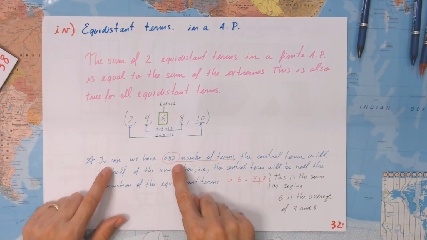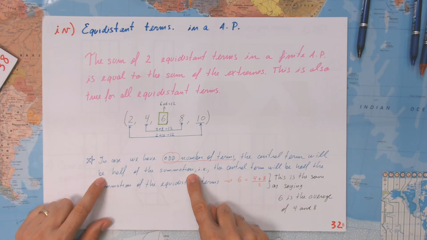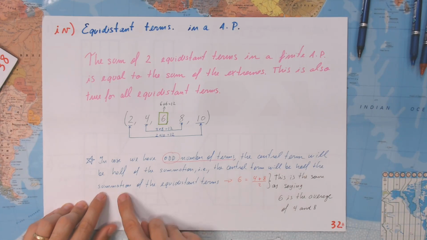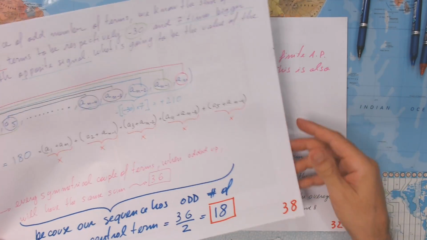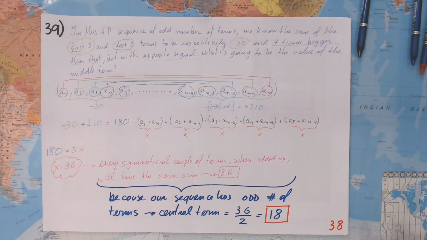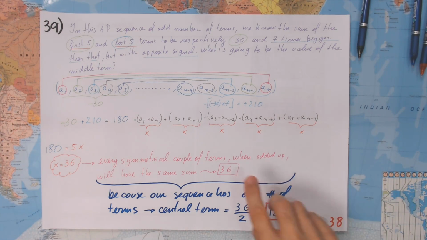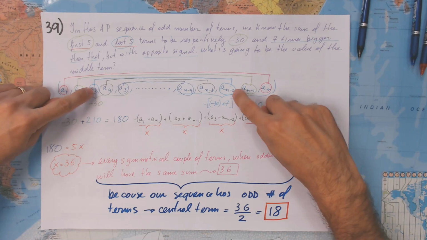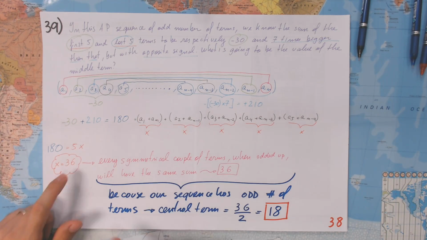In case we have an odd number of terms, the central term will be half the summation of the equidistant terms. We have seen this on page 32b. And that is why, as soon as we acknowledge that the summation of each symmetrical pair is 36, the half is going to be 18.